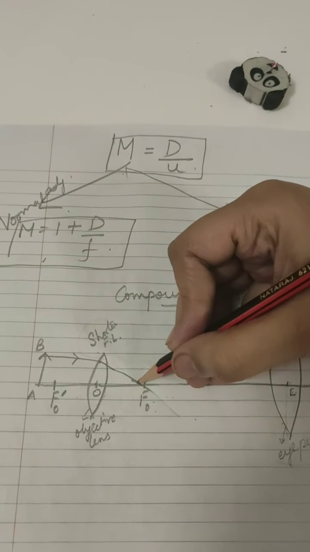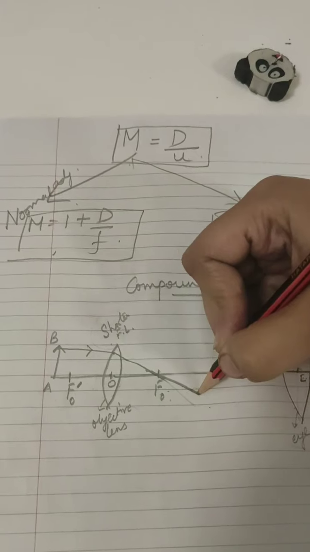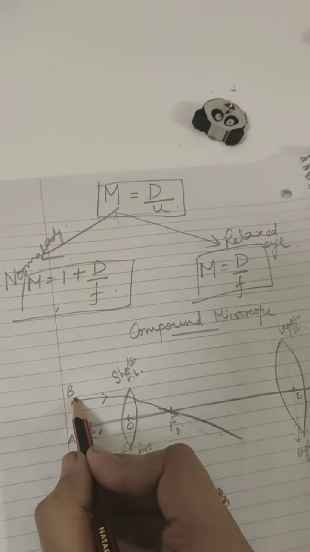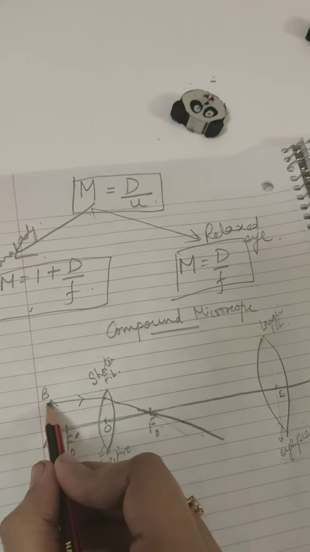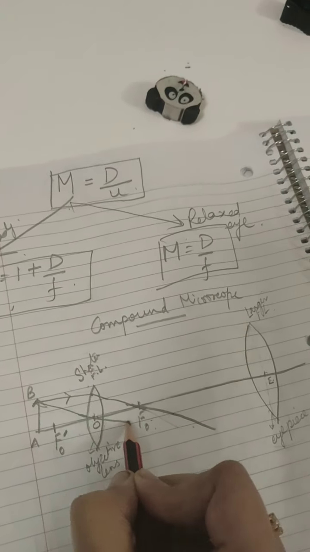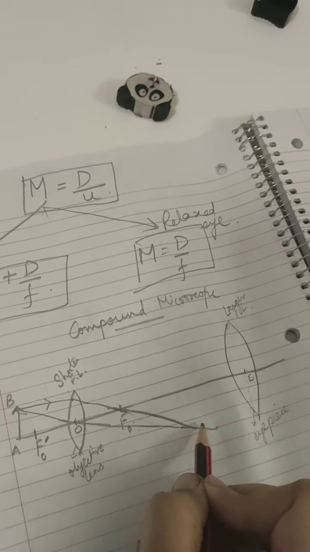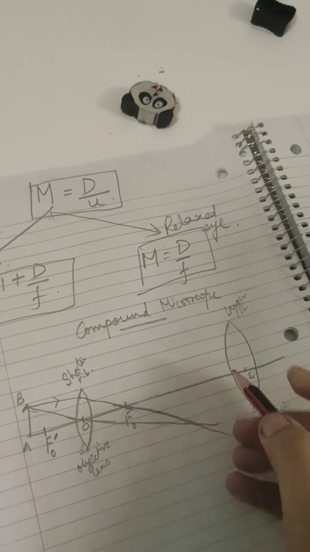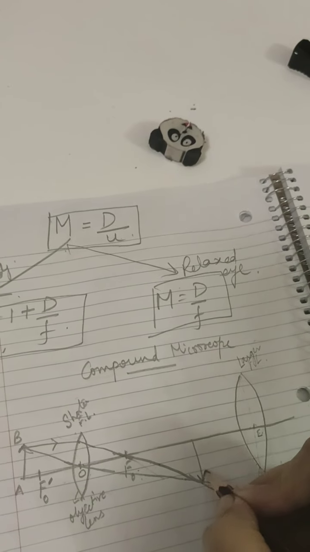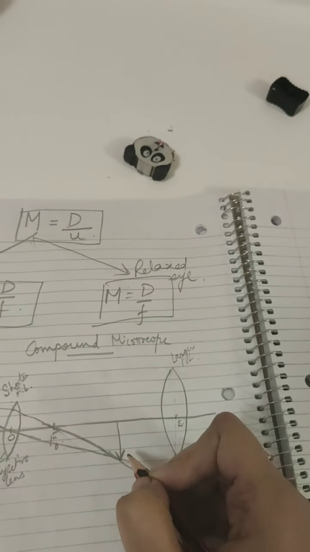A ray of light parallel to the principal axis will pass through the second focus, and a ray of light through the optical center of the lens will pass undeviated, and they will meet here, say. They are meeting here to give an inverted image of the object.